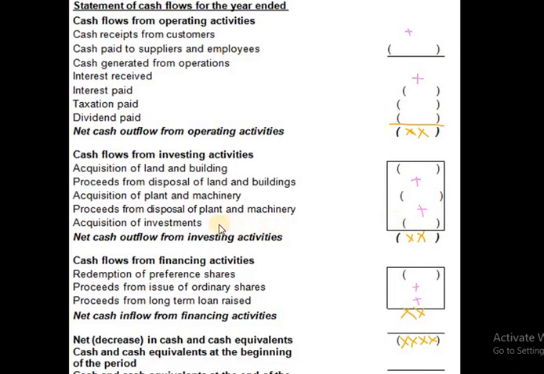On the other hand, when there's a decrease in your investments, it means that an investment was sold and money was flowing in, so it will be a plus here. Cash was flowing in from that investment sold to our current bank account.